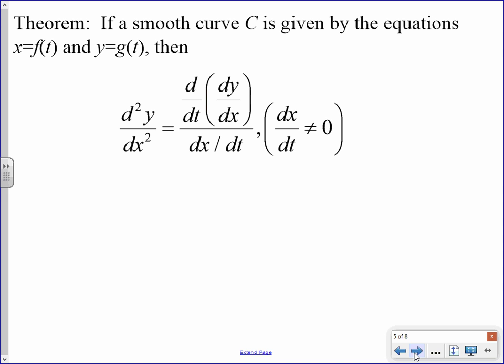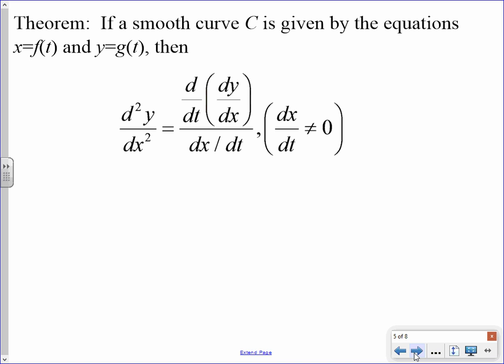Here is how you find the second derivative. Go ahead and write it down and I'll explain what it means. Terrifying. It looks pretty scary. Wait, you want to just take the derivative? Okay.